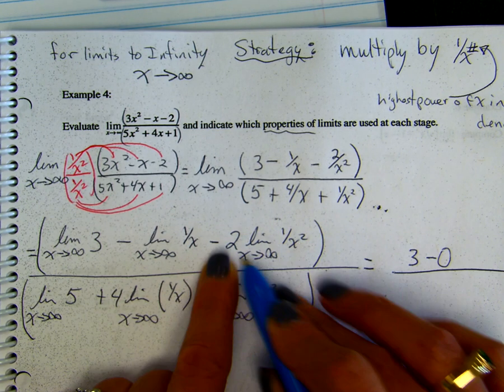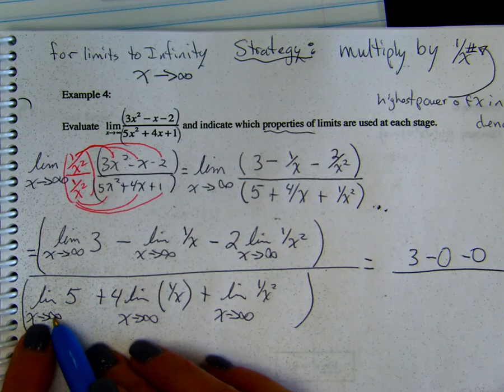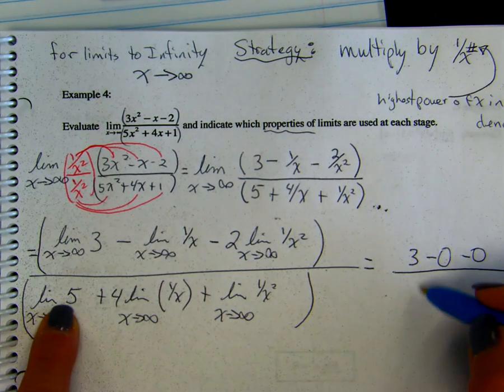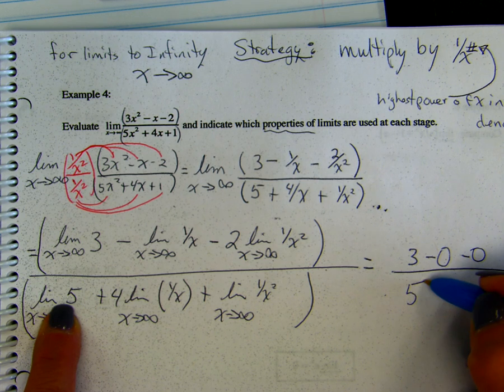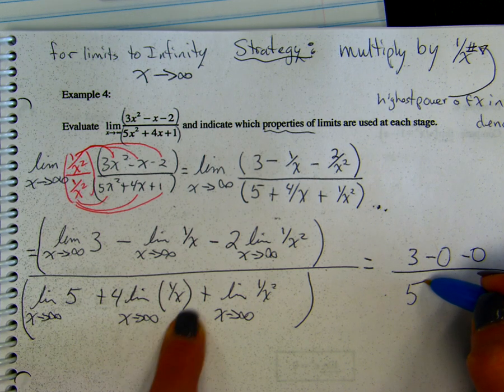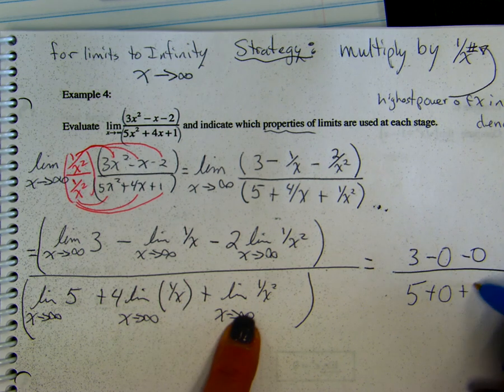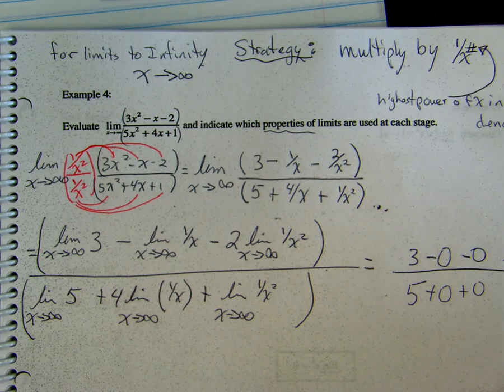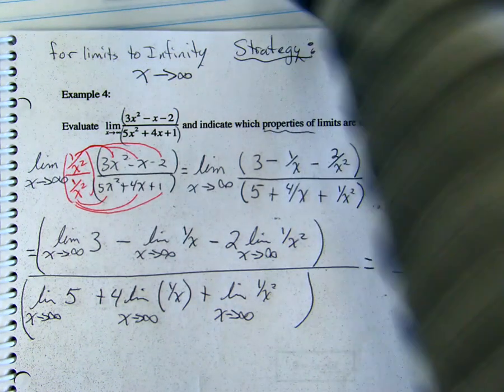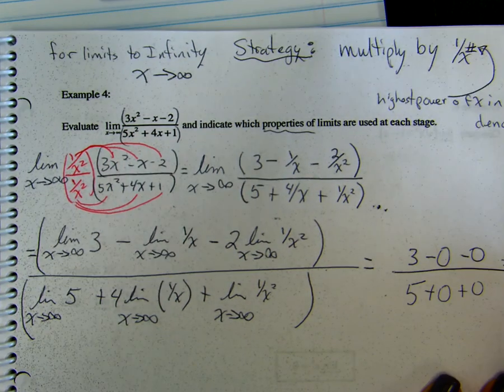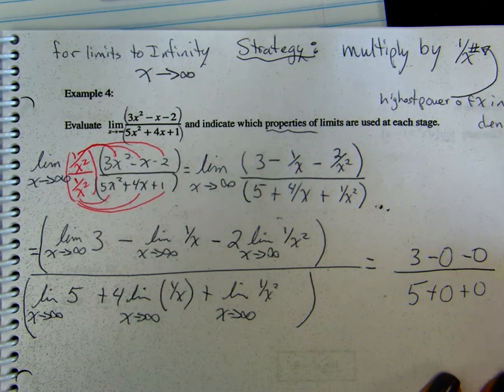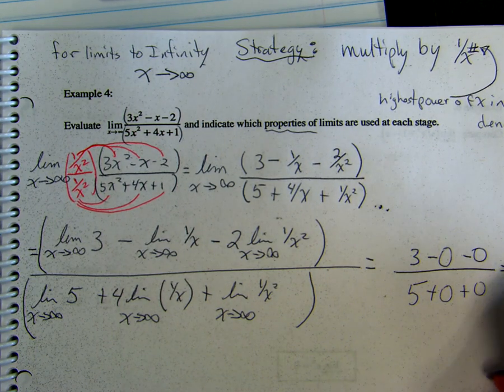What happens as x approaches infinity for the function 1 over x squared? 0. So, limit as x approaches infinity for the constant 5, still 5. Plus 0, plus 0. The answer is 3 over 5.